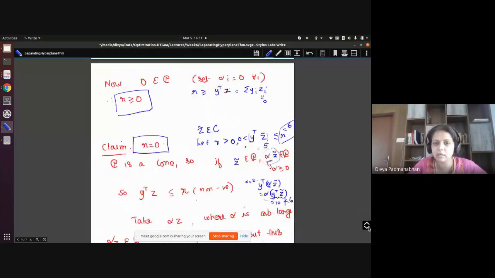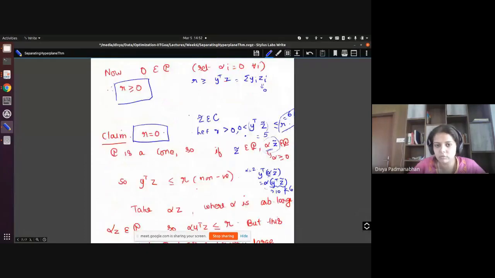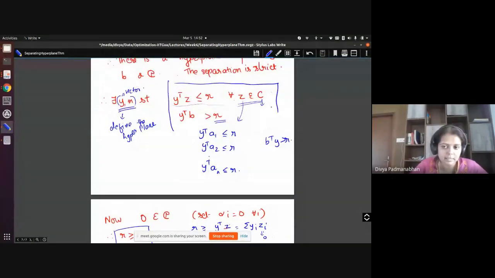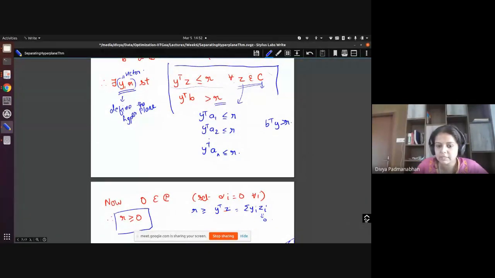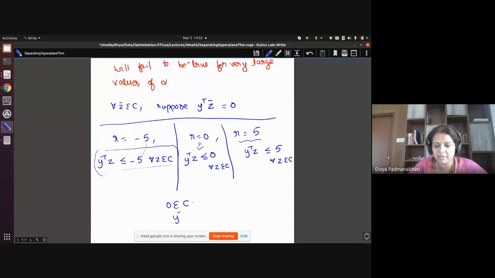We are saying that for this R, you cannot put a negative value such that this is true for every Z, because you have the 0 vector which is lying in this set C. Whatever thing you take here, there can be some elements like this, but this will not be true for every Z in C. Because Z equal to 0 is part of the set, and for this value Y transpose Z is 0.